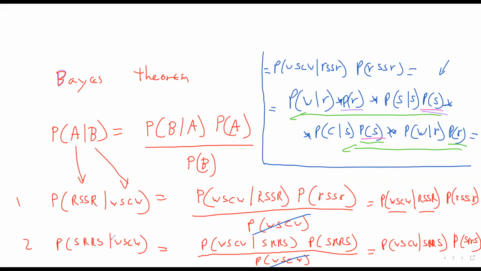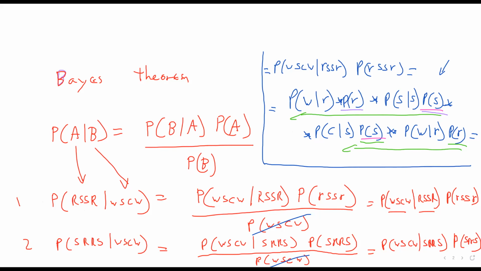Is it sunny, rainy, rainy, sunny? Is it sunny, rainy, sunny, rainy? All of those. We looked at the framework of the theory and all the simplifications, and for each one of those, we calculate the sequence and it gives us a probability. Then, given these probabilities, we pick the best one, the most likely sequence, and that's going to be the correct one. So remember, what you have here in the slide is what the algorithm must do.